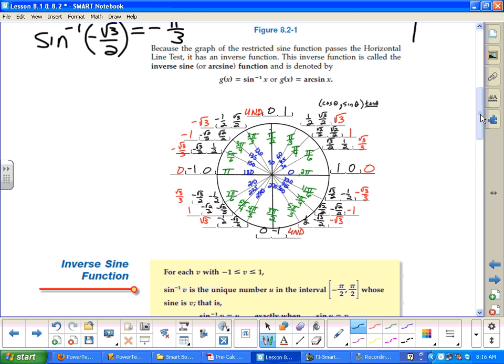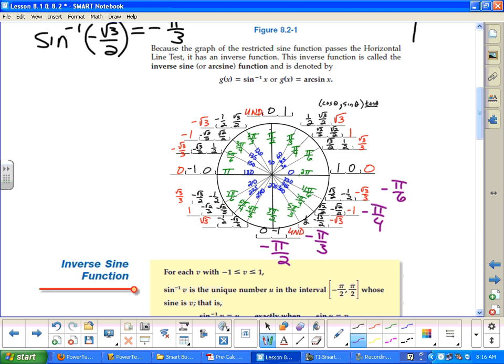So here's the thing we have to think about. These angles here are the same as negative pi over 2, negative pi over 3, negative pi over 4, negative pi over 6.